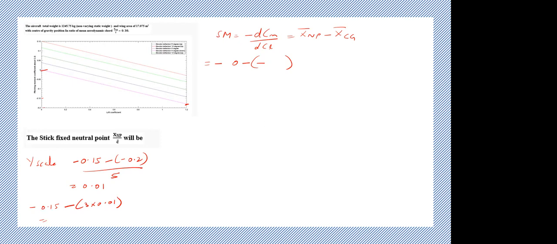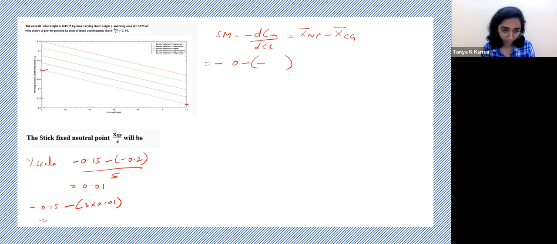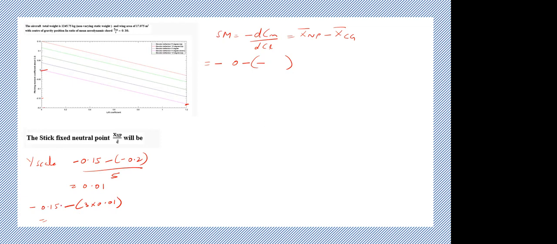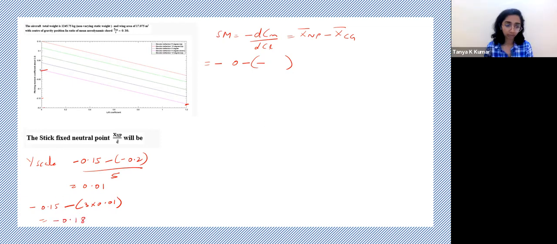Minus 0.18. I just put that here. Minus 0.18, and take dCL. dCL would be 0 minus 1.2.